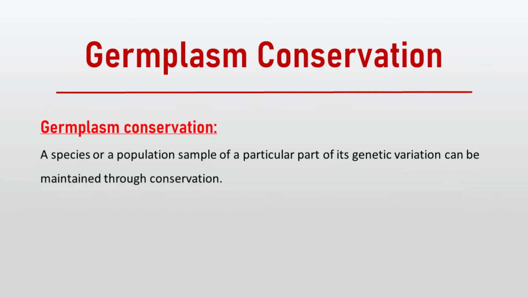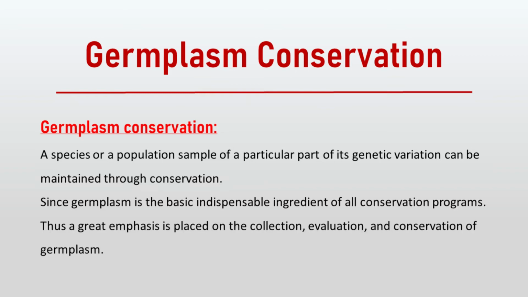Germplasm conservation. A species or a population sample of a particular part of its genetic variation can be maintained through conservation. Since germplasm is the basic indispensable ingredient of all conservation programs, thus a great emphasis is placed on the collection, evaluation, and conservation of germplasm.